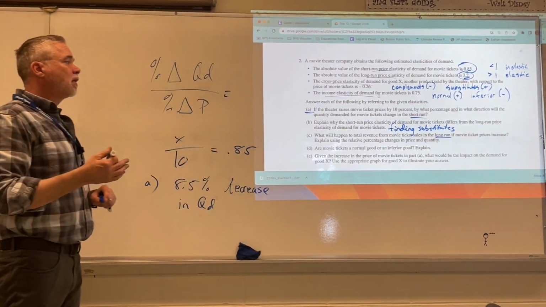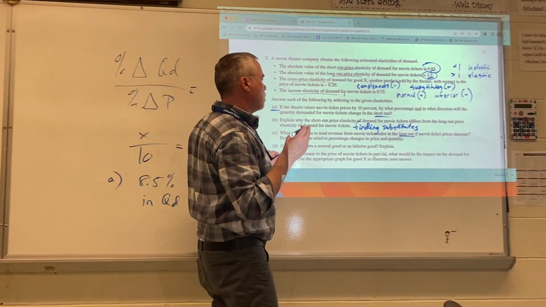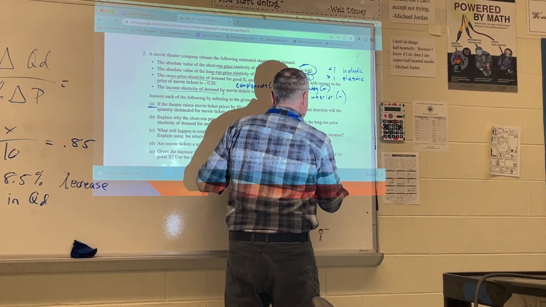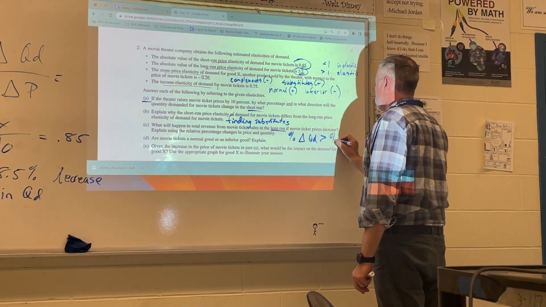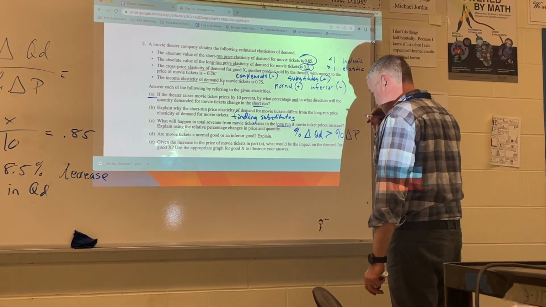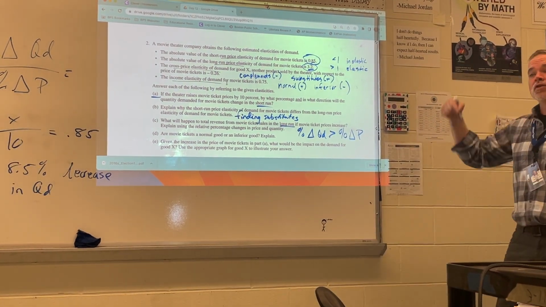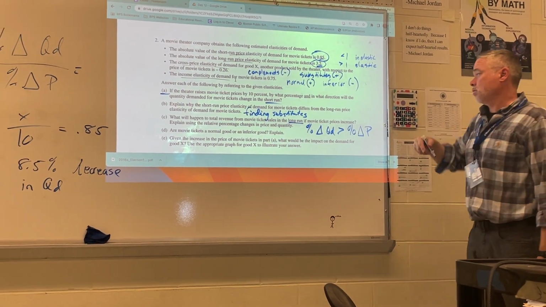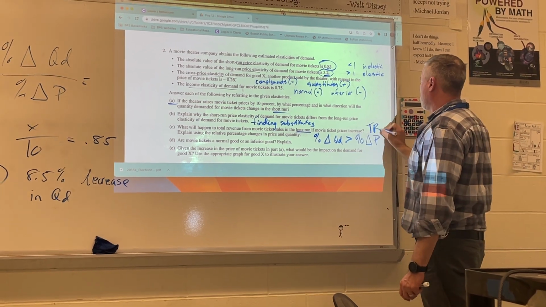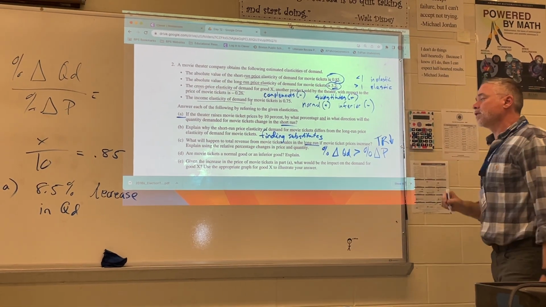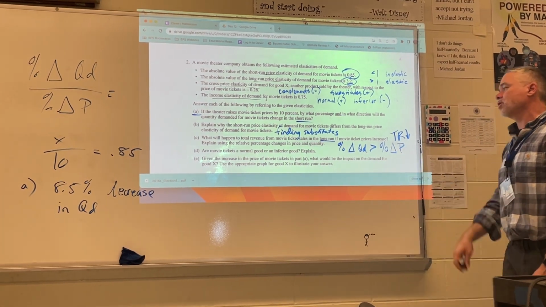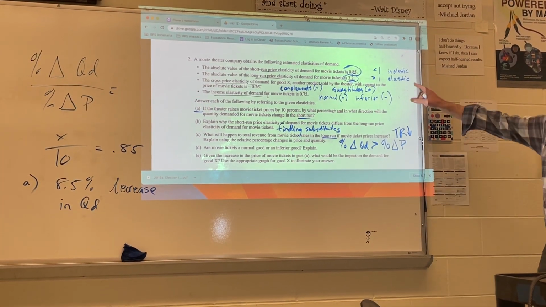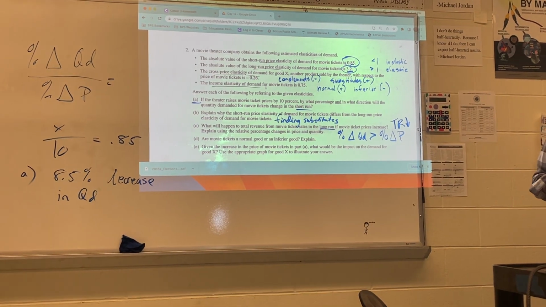So if the good's elastic, your percent change in quantity demanded is going to be greater than your percent change in price, which means the total revenue is going to go down. Total revenue decreases because your percent change in quantity demanded is greater than your percent change in price. The good is elastic in the long run.